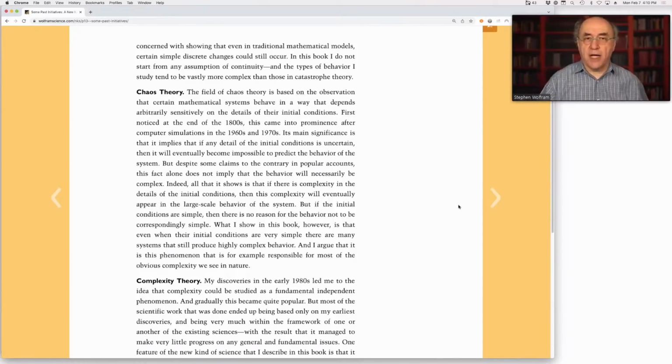So if you say, I'm going to have precisely pi as the initial condition, or precisely some number that's a random collection of digits that goes on forever, then as I look at what the system does, it will gradually excavate more and more of those digits. But the problem is you have to know where those digits come from in the first place. It's rather confusing in traditional mathematics, because all real numbers are kind of equally producible.